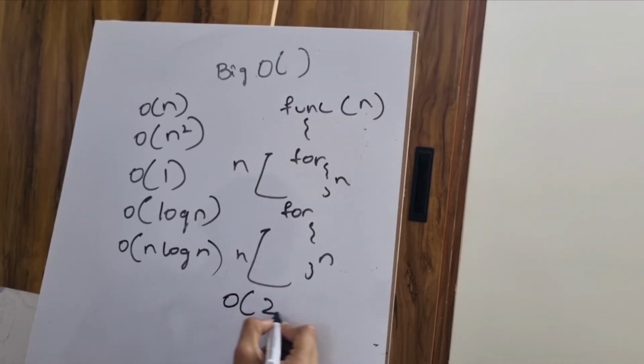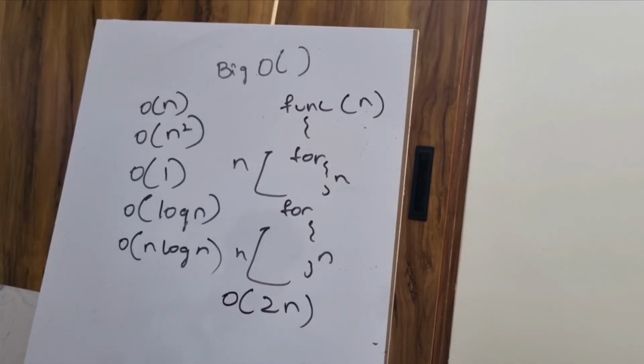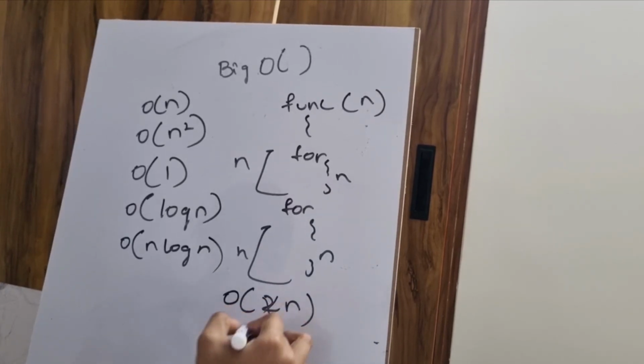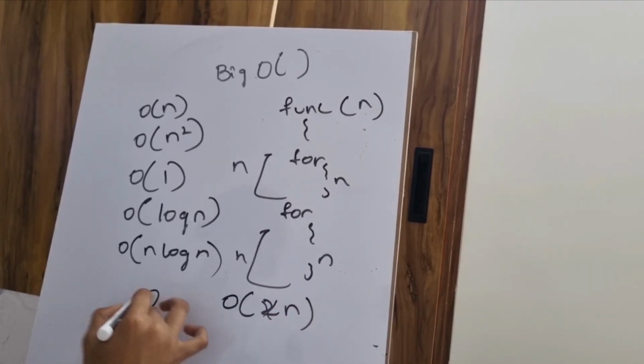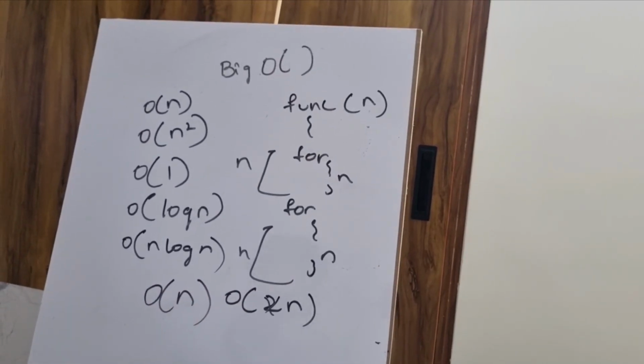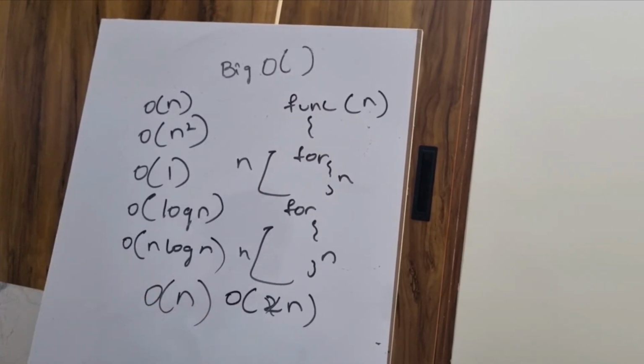O of 2n, right? But by the law of avoiding constants, we can ignore this, and the entire time complexity becomes O of n. We usually don't consider constants while calculating the time complexity of any algorithm.